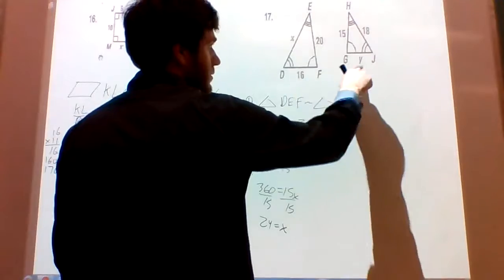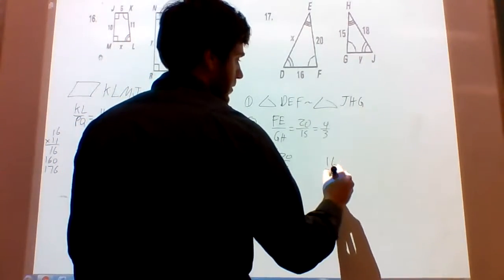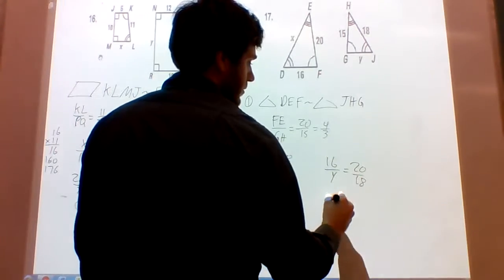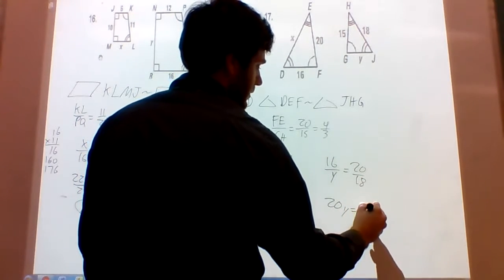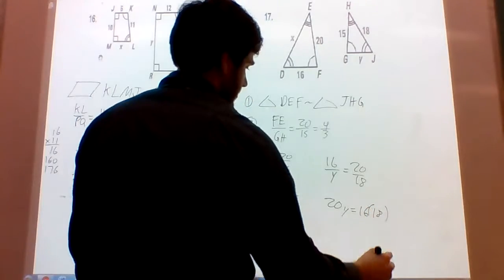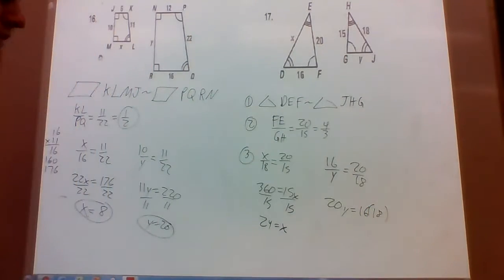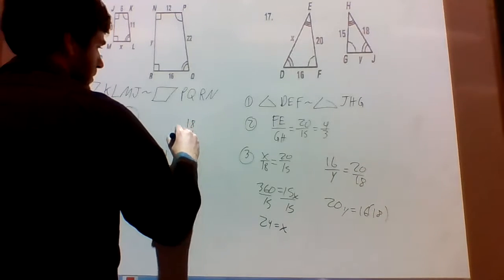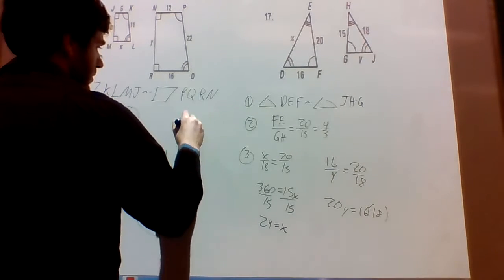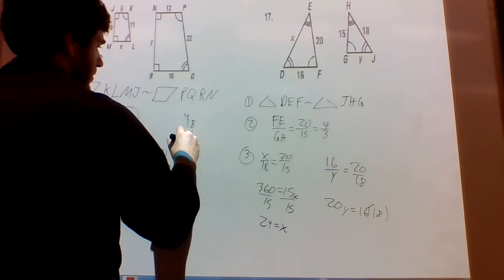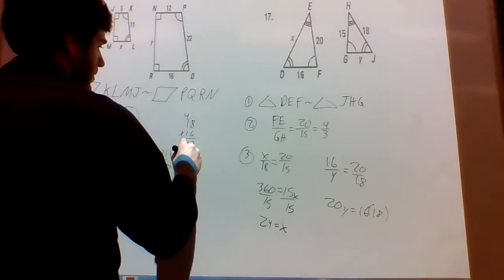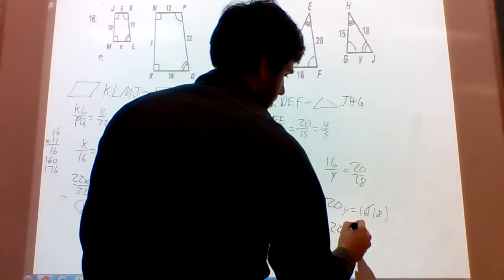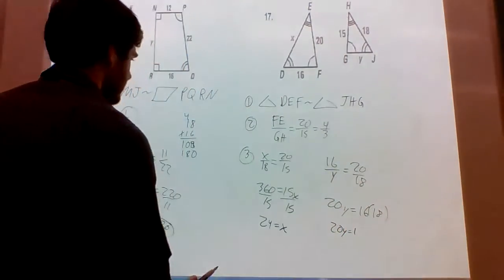Here then, 16 and y are going to correspond. Again, 20 and 18 correspond. Cross multiply, we get 20y equals 16 times 18. 16 times 18 is... That's not right.